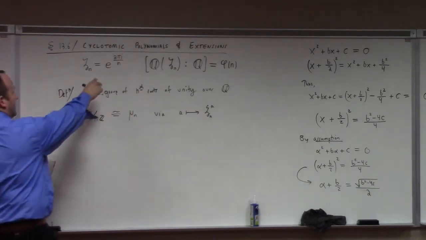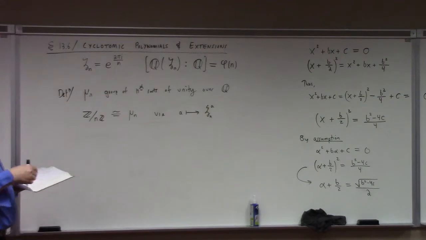He just says that zeta n is a primitive nth root of unity. So if n was 4, you could also do e to the 2 pi i over 4 to the third power. You could use either i or minus i as a primitive fourth root of unity.